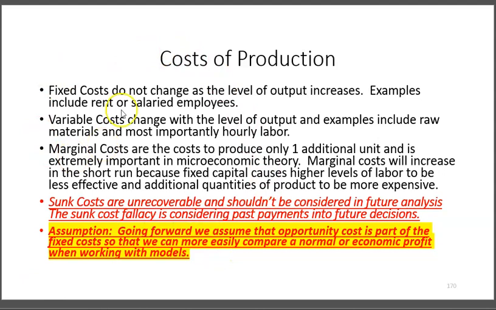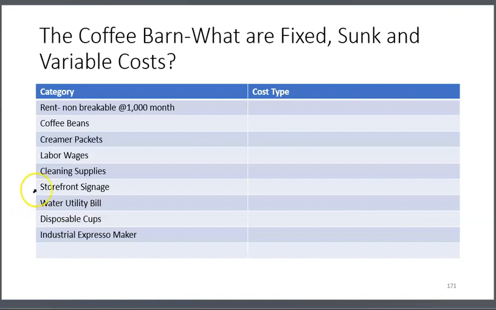And in some instances, your fixed costs can become sunk costs, and this is exactly what I'm referring to here. Let's say that you have rent and you have decided, I'm going to try to open a business and I am going to sign a lease where I'm going to pay $1,000 a month rent for the next 24 months.